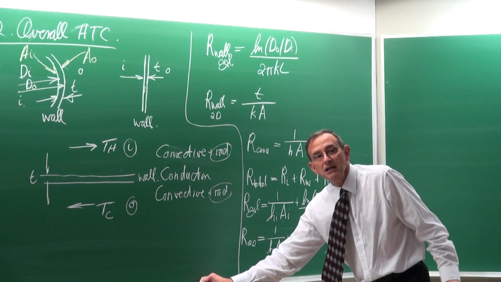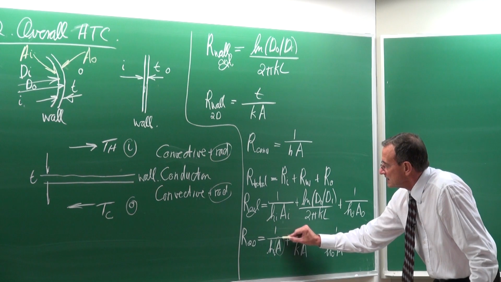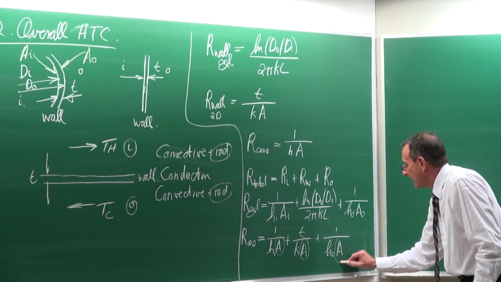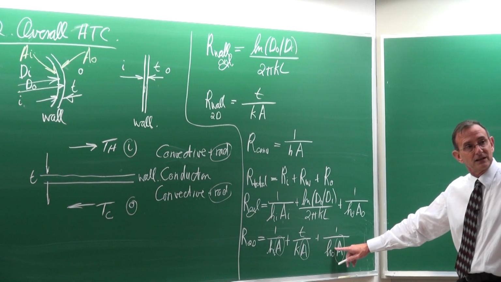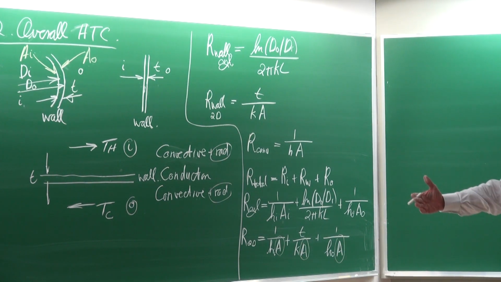And here you can see that in the case of the wall, this area on the inside and the outside are in many cases the same. We will later on see that most probably this is not an effective heat exchanger and what you can do to make it more effective.